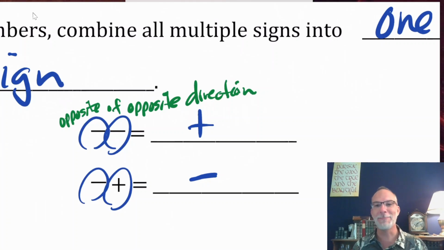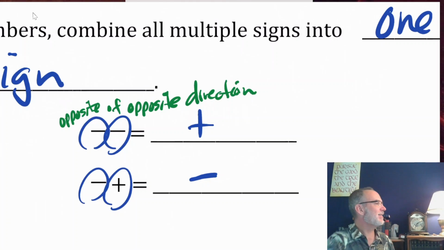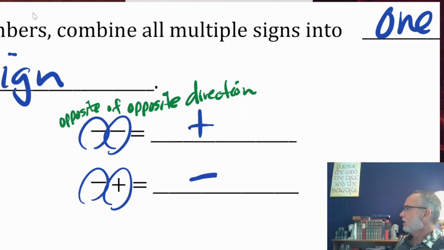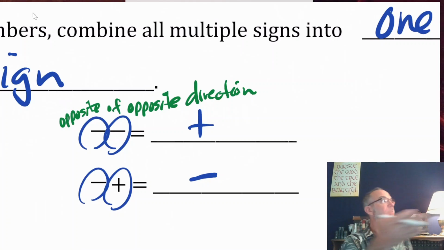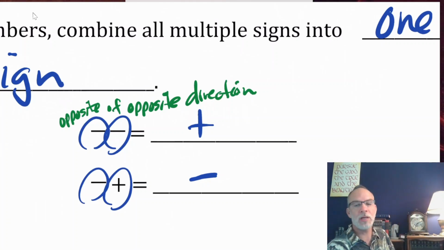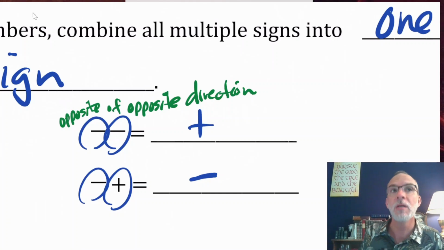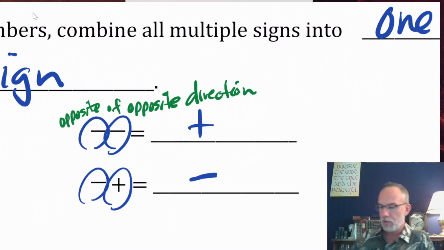If I face to my left, ta-da, and then I say, all right, I'm going to face the opposite direction. I'm then facing to my right. And then I say, but wait, I want the opposite of that opposite. I'm back facing to the left.